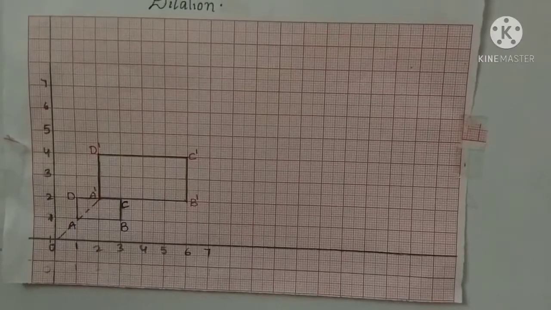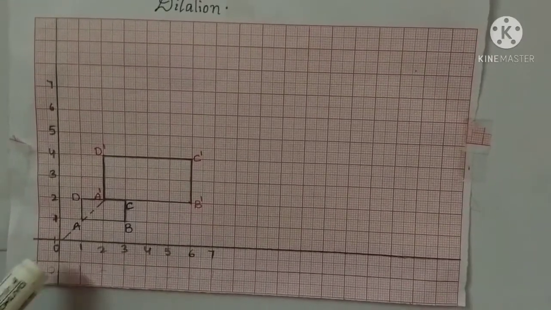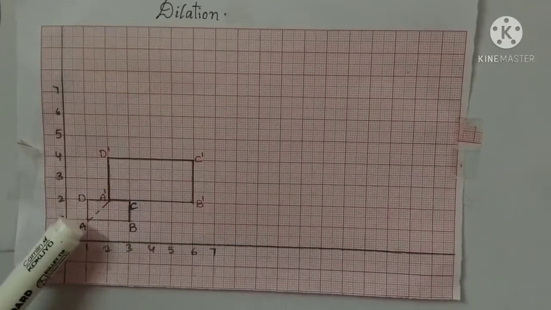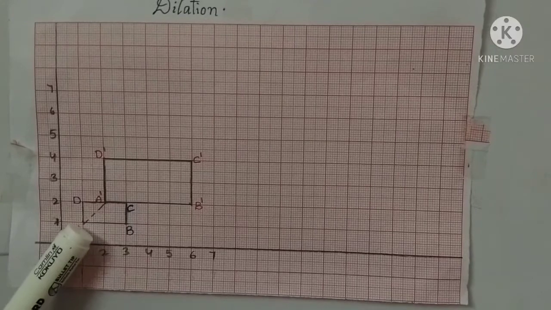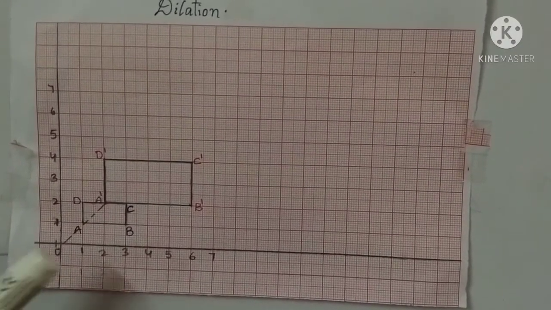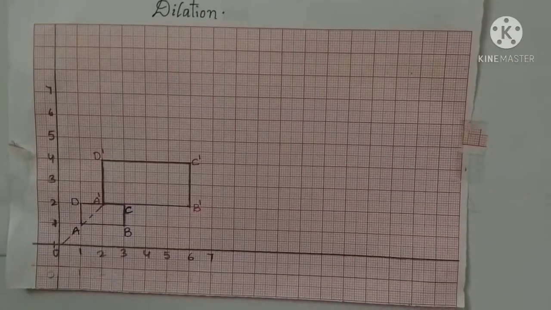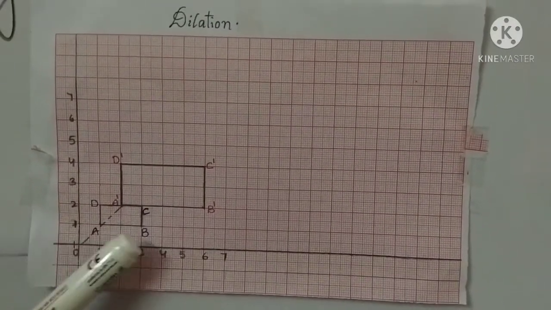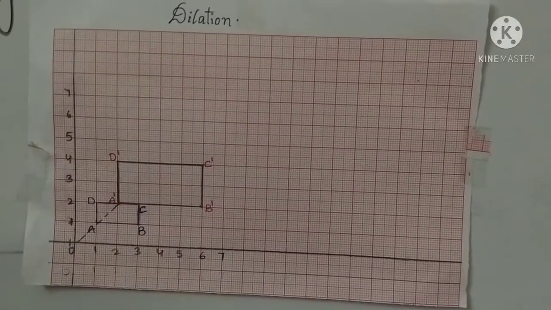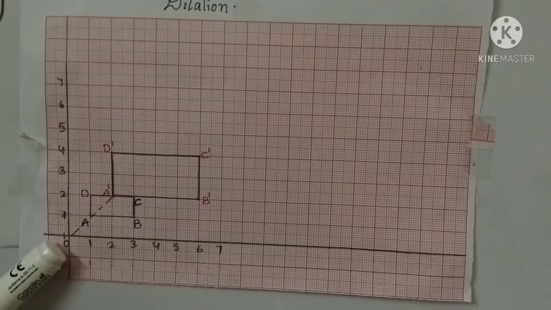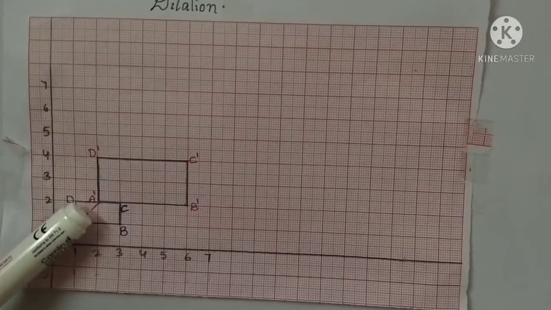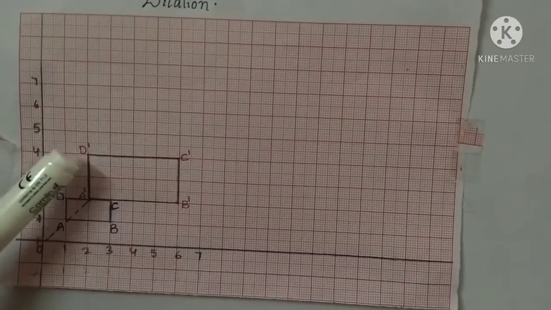Observe the following dilations, children. First, take the rectangle ABCD drawn on the graph sheet. Every vertex A, B, C, D is joined from the center point O and produced to double the length, up to A dash, B dash, C dash and D dash.